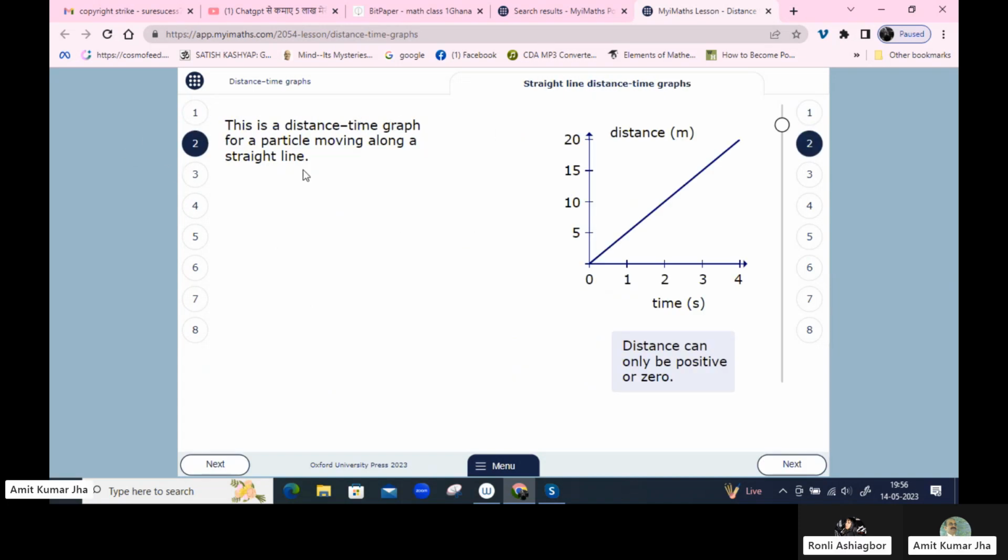Now see here. This should be pretty easy for you initially because acceleration comes into action only later. Let us start with the distance-time graph. Here the y-axis, where I am moving my cursor, shows distance, and the x-axis shows time.